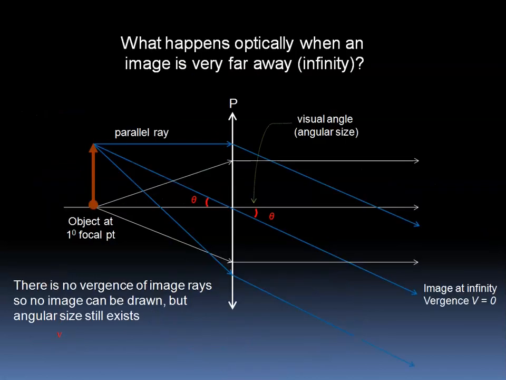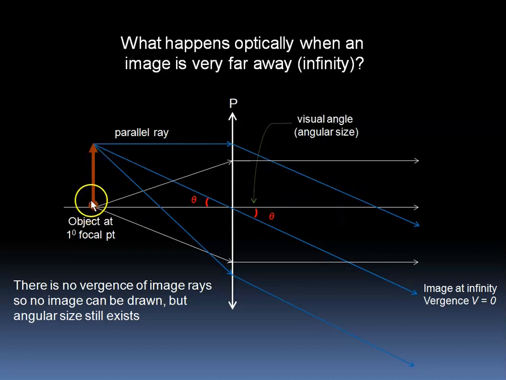What happens optically when an image is very far away at infinity? We cannot draw the same divergence diagram that we drew before of an image because the rays do not cross over each other in each group.